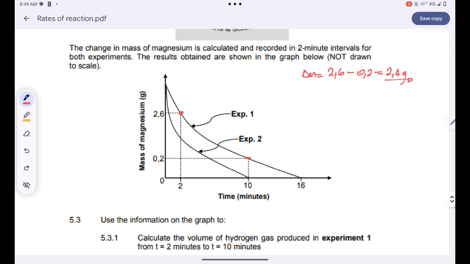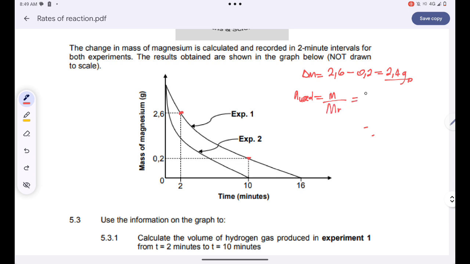So I can simply calculate the number of moles of the magnesium that will be used to form my hydrogen. The number of moles is simply the mass of magnesium that will be used over the relative atomic mass.